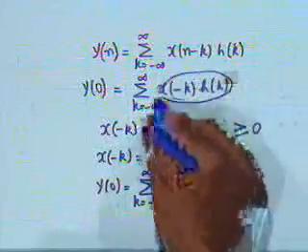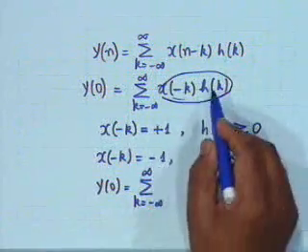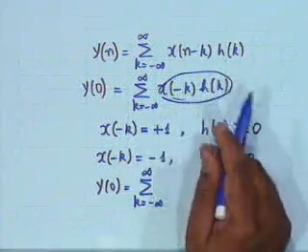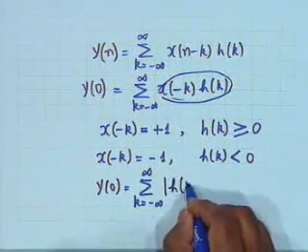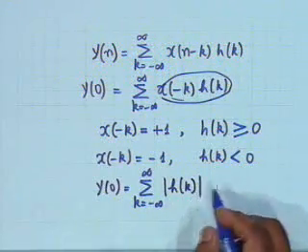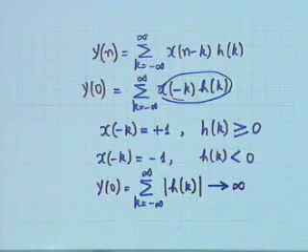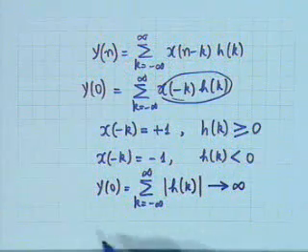Isn't that right? By choosing an input like this, we have assured that this product becomes simply the absolute value of h(k), and by assumption, this tends to infinity, and therefore the system is unstable.